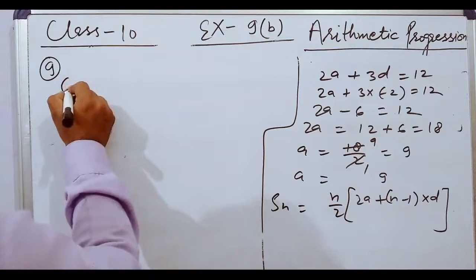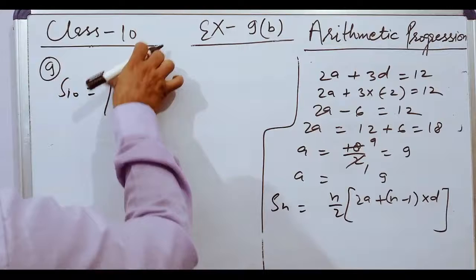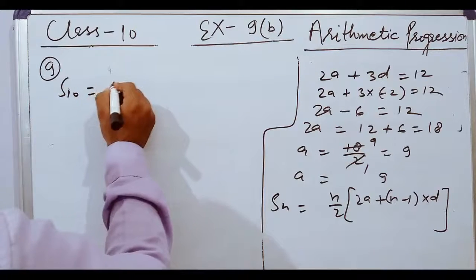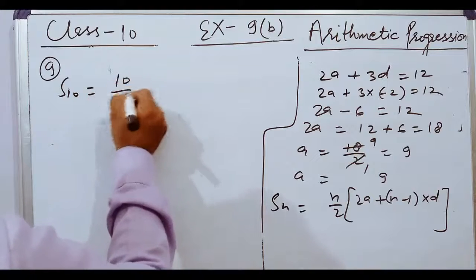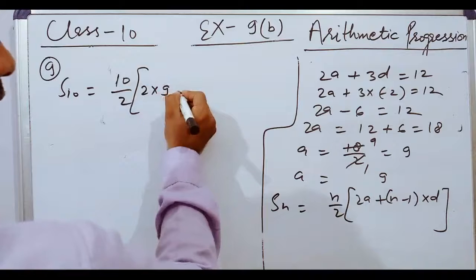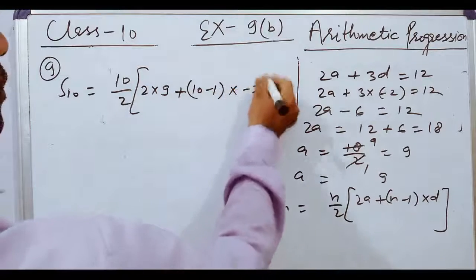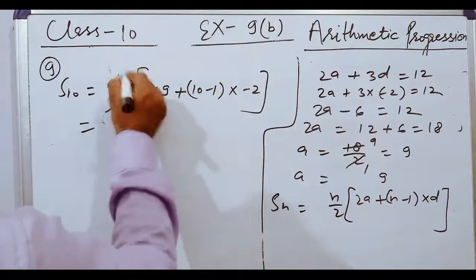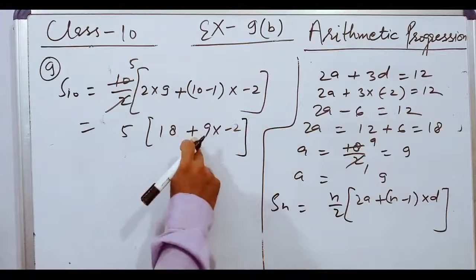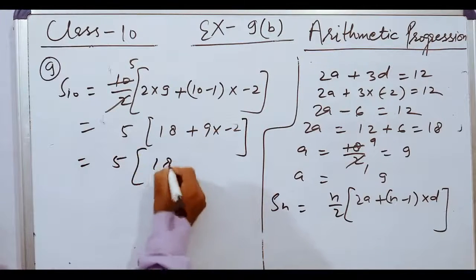S10 equals 10 upon 2 into 2 times 9 plus (10 minus 1) into minus 2, which is 5 into 18 plus 9 into minus 2, that is 18 minus 18.